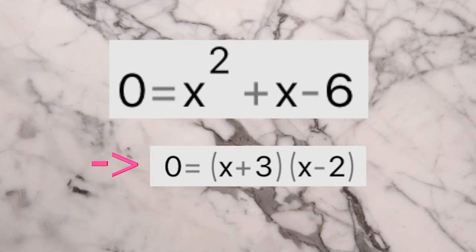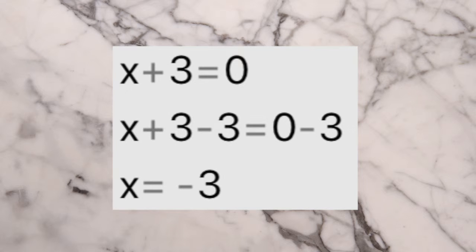By doing the FOIL method, we now get 0 equals quantity x plus 3, quantity x minus 2. To find the value of x, we must equate 0 to x plus 3. So x plus 3 is equal to 0. And then we need to subtract 3 on the left side and also on the right side. So x plus 3 minus 3 is equal to 0 minus 3.